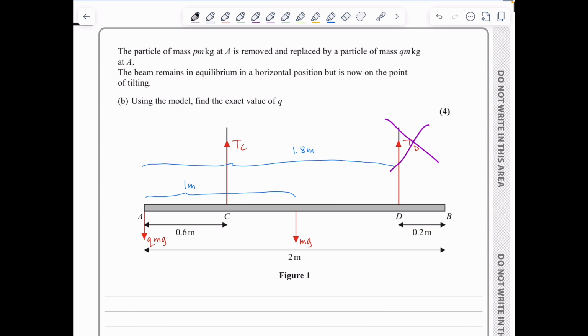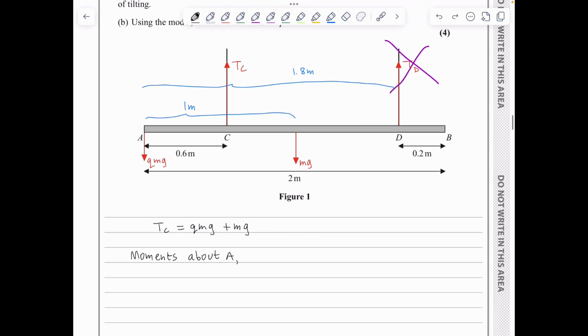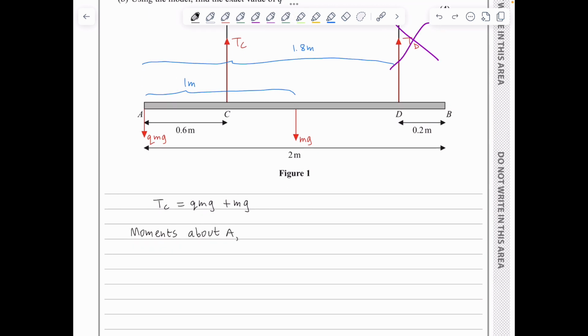So this time we've got that the forces acting upwards, which is TC, is equal to the forces acting downwards, which is QMG plus MG. And I will proceed once more by taking moments about A. We are looking at 1 times mg, which is the clockwise moment, is equal to 0.6 times TC.